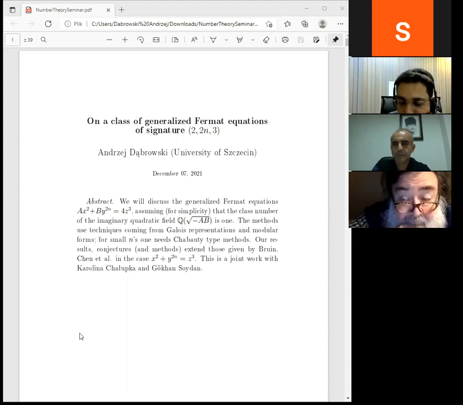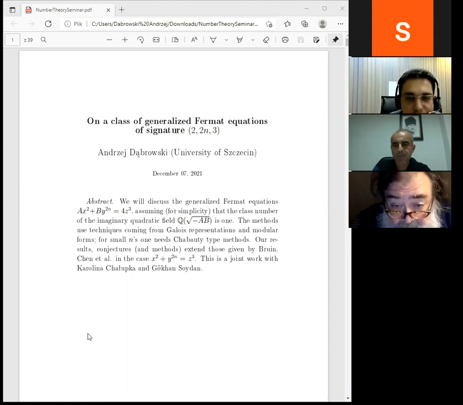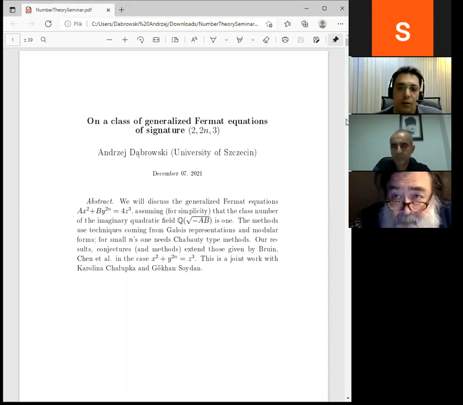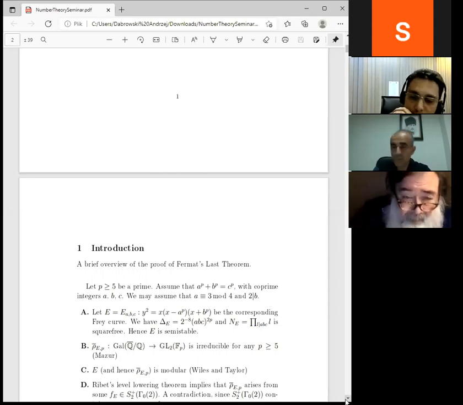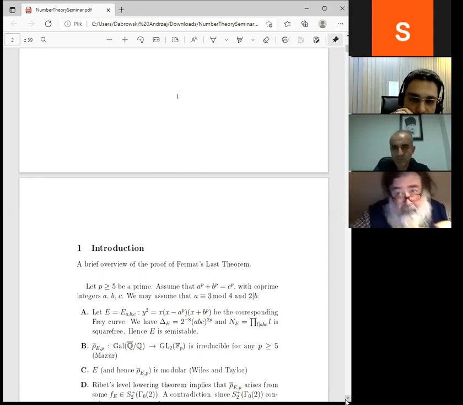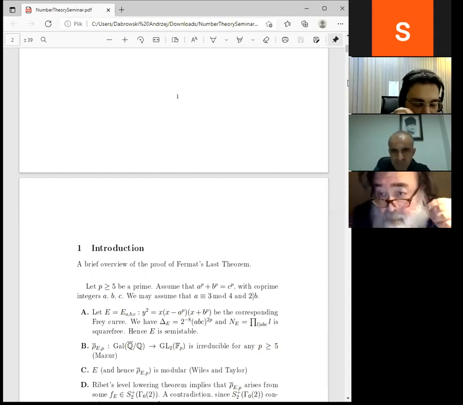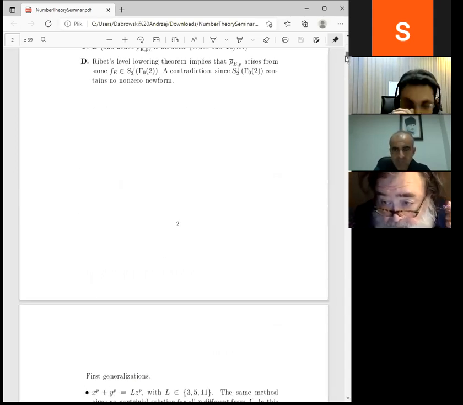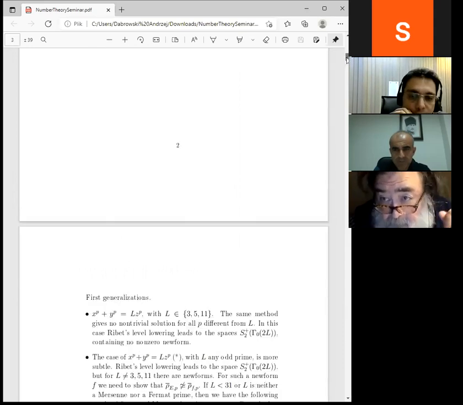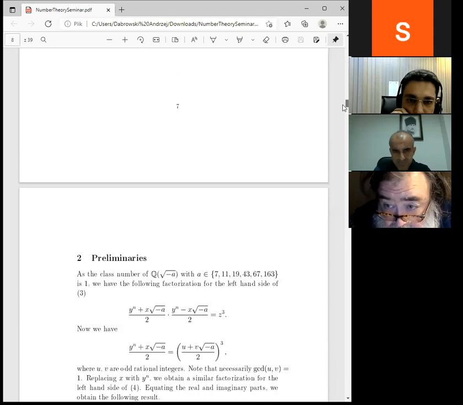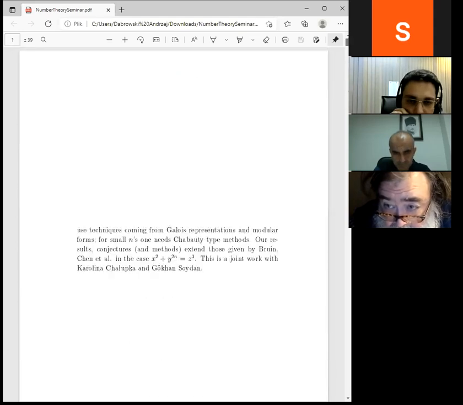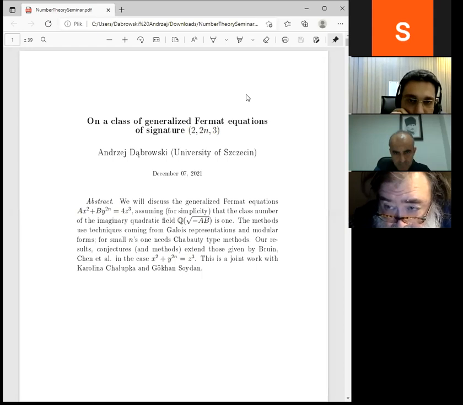At the first page of your lecture note, in the theorem you have an exception for p equal to 13. I'm curious about what is the reason for this exception?